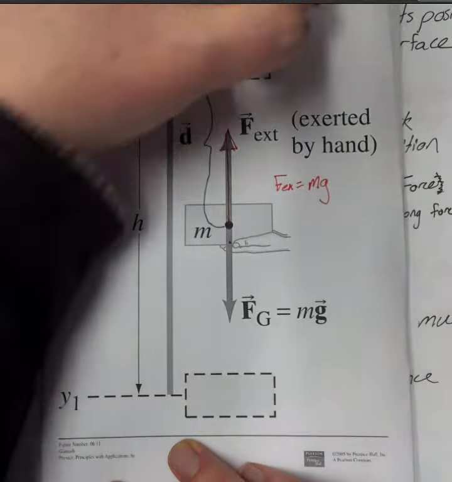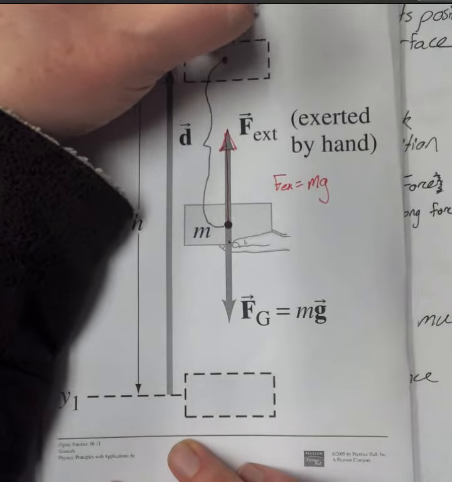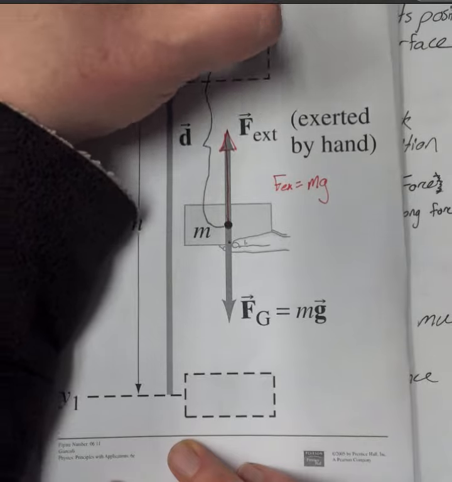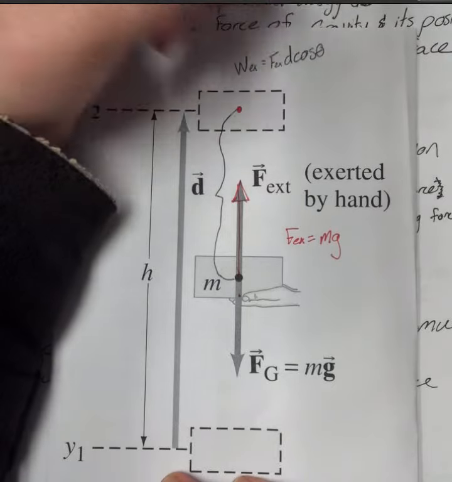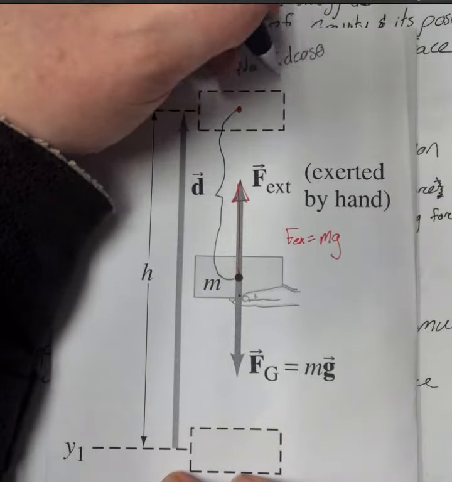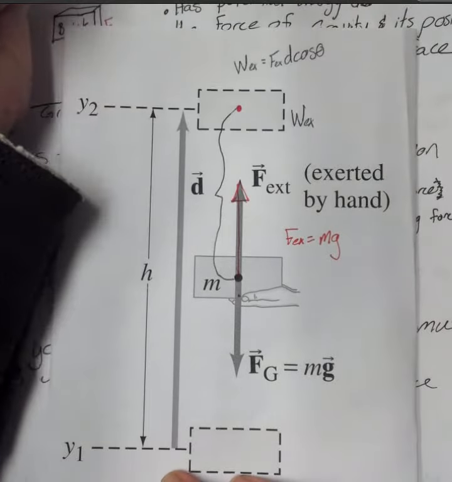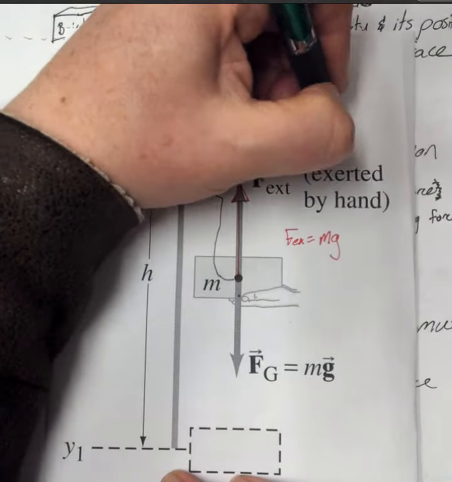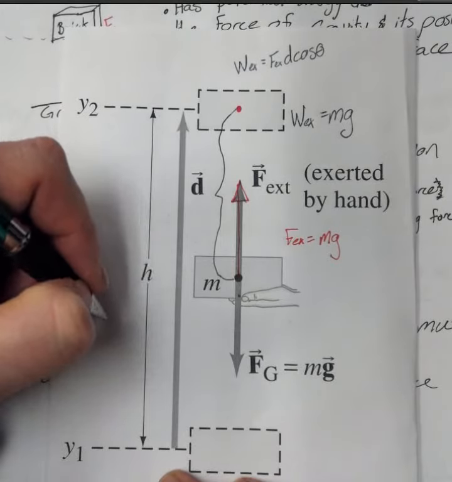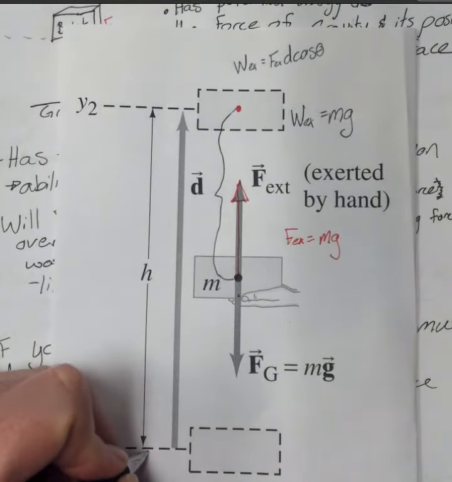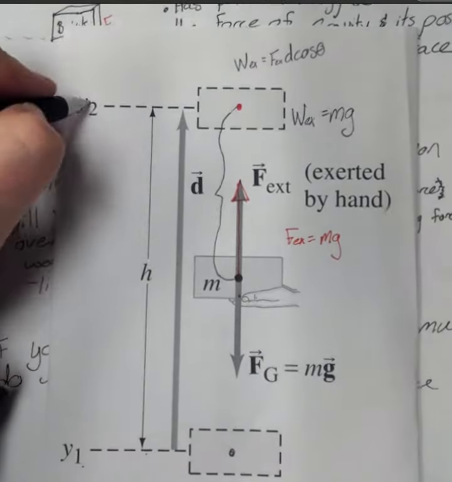So that means that the work exerted by you is the force exerted by you times the displacement of the object times the cosine of the angle of separation between them. Now here the cosine of the angle of separation between them is 1. Here your force is equal to mg, so the work that you must do on the brick to get it up here is going to be equal to mg, and then the d we'll assume that you started from this position down here and that you ended at this position up here.